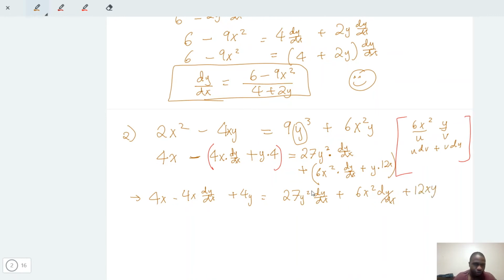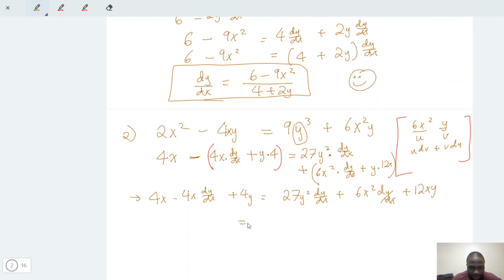So I have this long function, and I'm almost done. All I need to do is bring all the dy/dx terms together. I can move all the dy/dx terms to the right and all the other terms to the left. It does not matter, I could have done it the other way as well, but let me just bring all the dy/dx terms to the right.